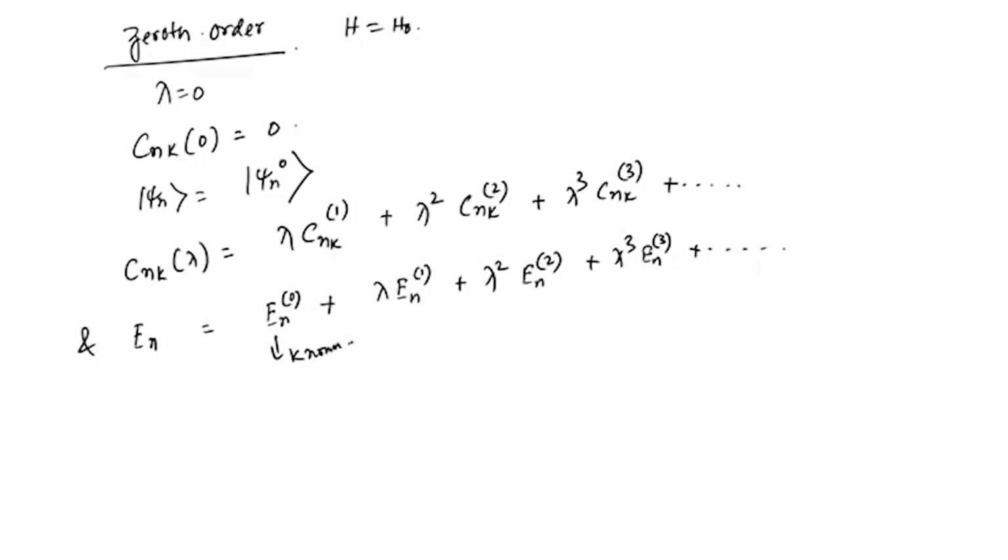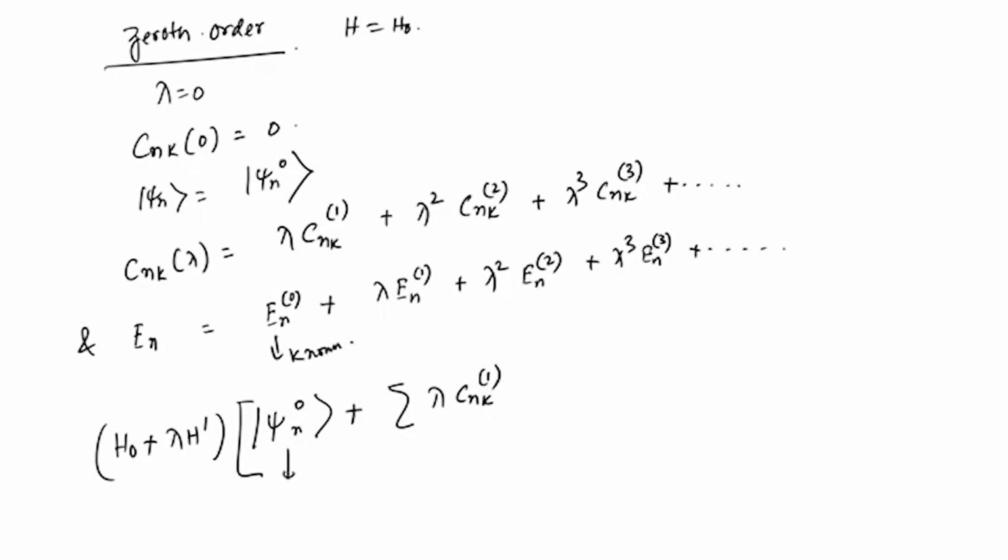Okay. So, if you substitute this into the Schrodinger equation, with all these things that we have learned, then we have H 0 plus lambda H prime, that is the total Hamiltonian, acting on psi n 0, that is the unperturbed, plus you have these lambda C n k 1.